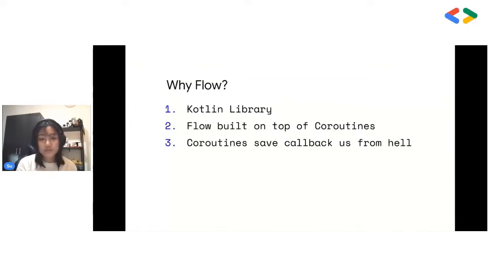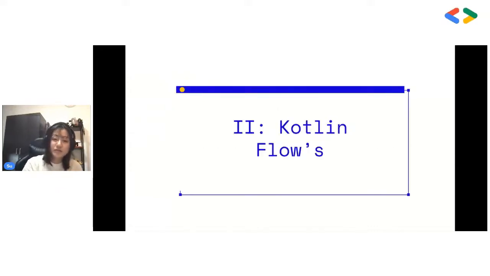Also, Kotlin Flow has fewer operators, and they are much simpler than what RxJava has. A single operator can handle both synchronous and asynchronous logic since the blocks of code that operators accept can be suspended. So let's dig more into Kotlin Flows.